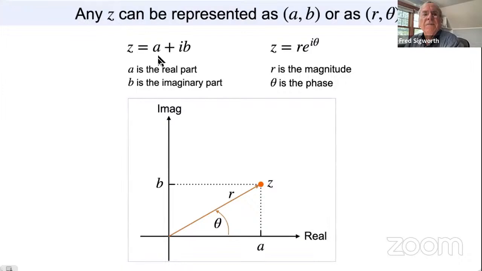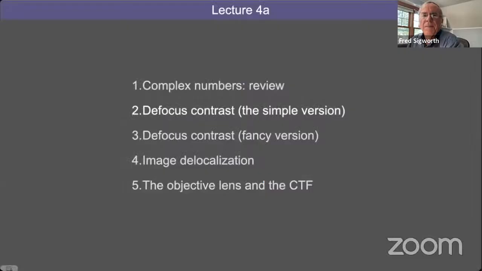So you can represent it either in this Cartesian way or in this sort of polar coordinate way. That's all I'm going to say about complex numbers. Any questions yet? No, you're probably all very happy or bored or something.